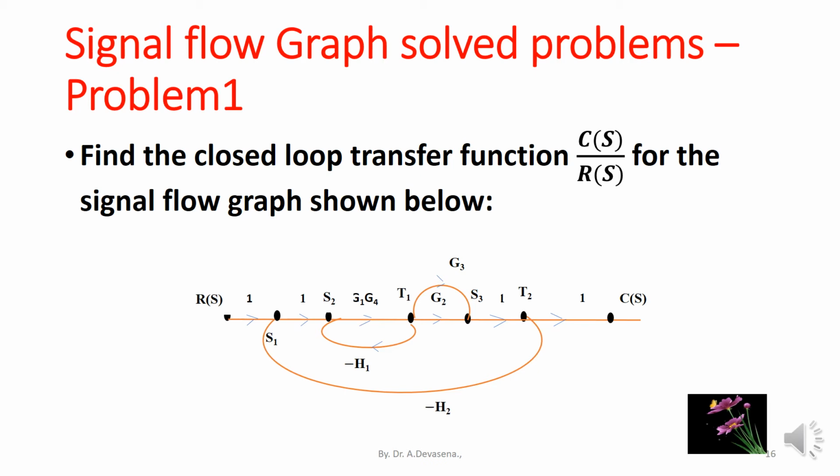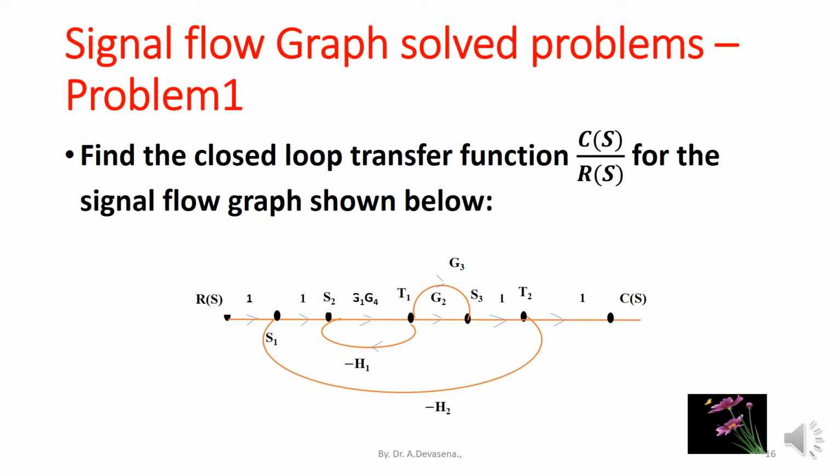This is applied to the summing point S1. From the summing point S1, the signal is applied to summing point S2, with a gain of 1. The signal coming from the summing point S2 is applied to the takeoff point T1, with a gain of G1, G4.